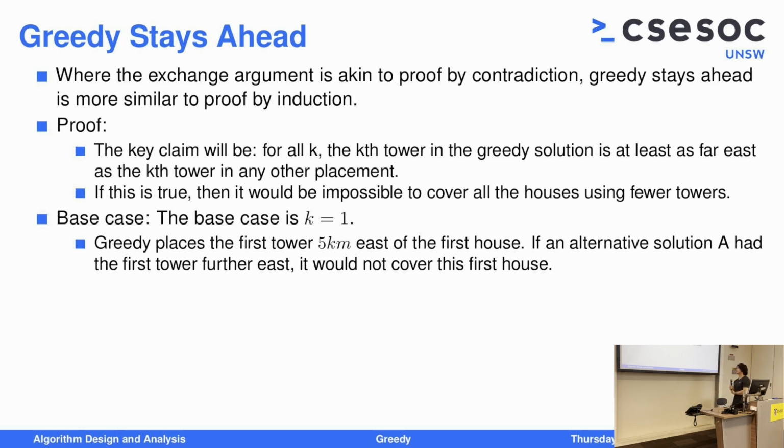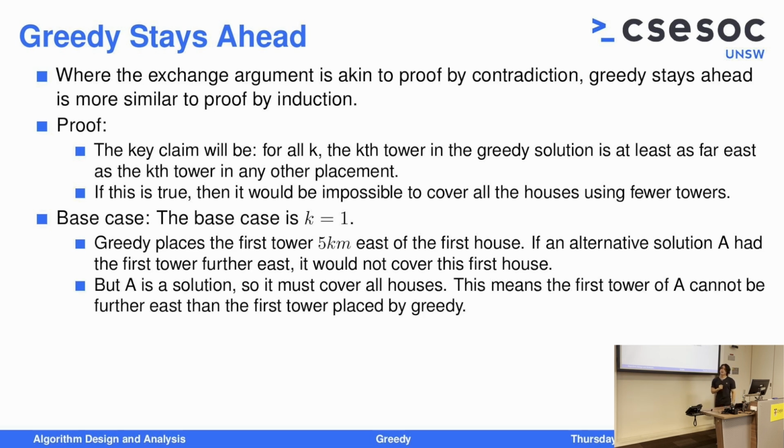So our base case is k equals 1. It is like induction, I suppose. Greedy places the first tower 5 kilometers east of the first house. If an alternative solution places the first tower further east, because the range is only 5 kilometers, it would not cover this first house. So for k equals 1, our claim is true.